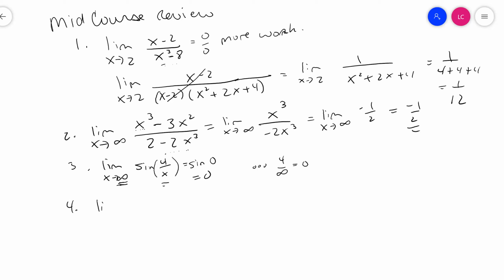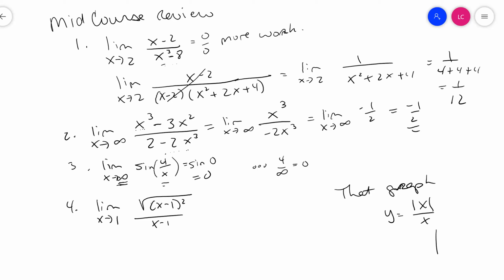All right, number 4. Limit as x goes to 1. So it's been a while, but hopefully you still remember that graph. So that graph was absolute value of x over x, remember that? So it was at 1 and negative 1.